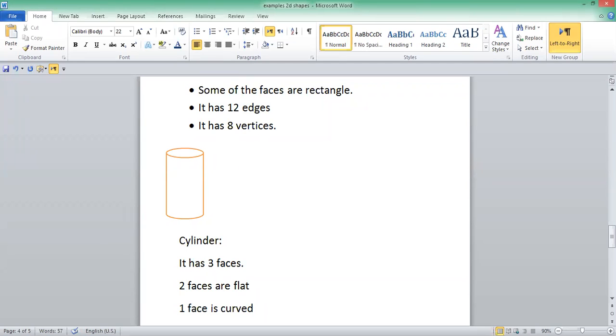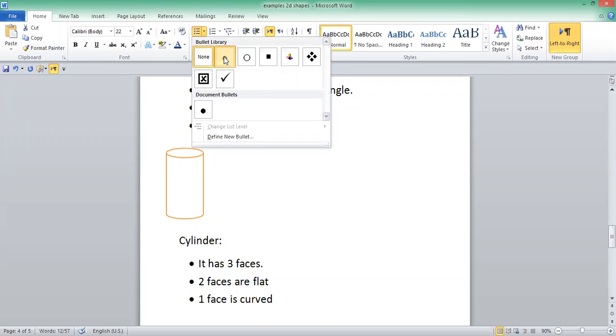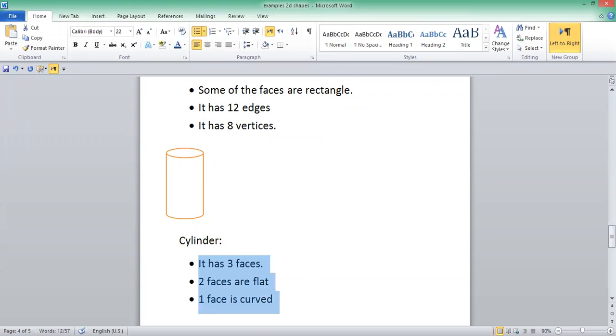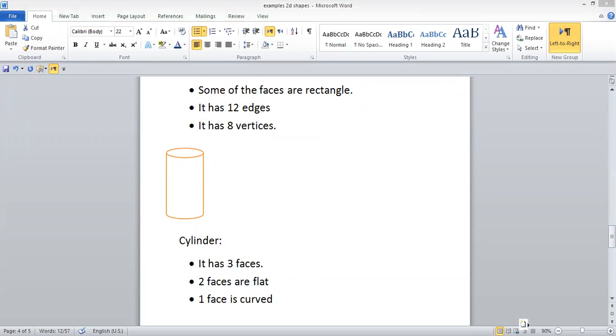And if we talk about the edges, let me make it a bullet for you. It has 3 faces, 2 of the faces are flat, one of them is curved. And if we talk about the edges, it is having 2 edges, but they both are curved.